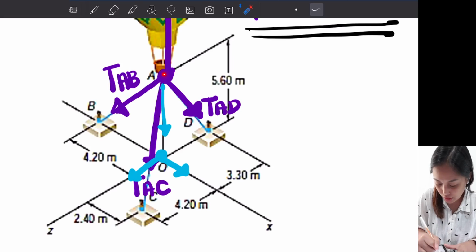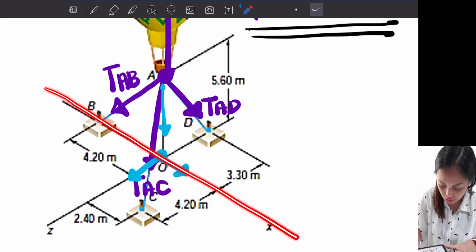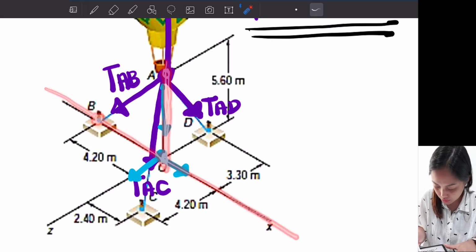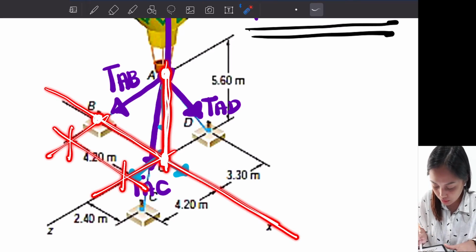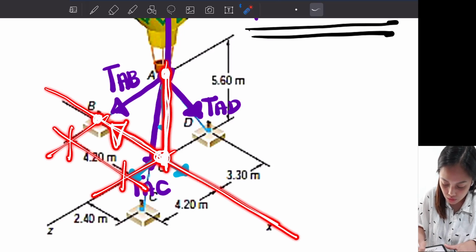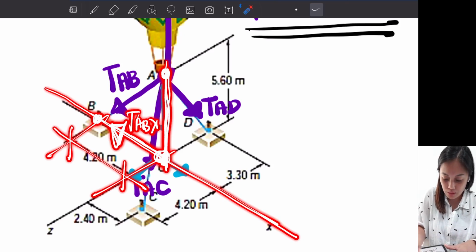along x-axis. Muna ang x-axis. So distance gikan sa A padulong sa B along x. So may distance silang x, 4.2 meters. Tanawin din na to ang AB from A to point B. Ang iyahang x component is pana. So this is TABX. Pag padulong sa right is positive.